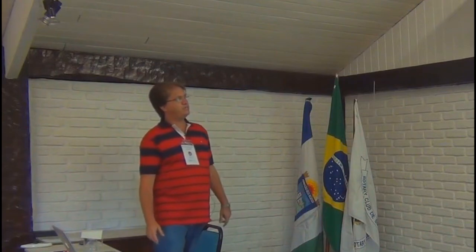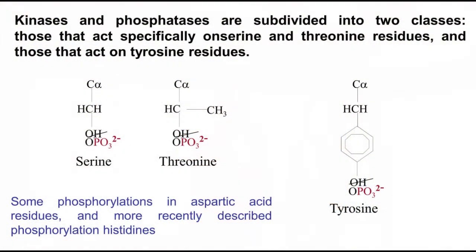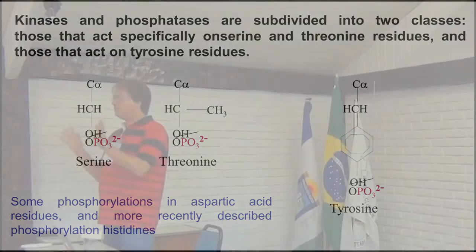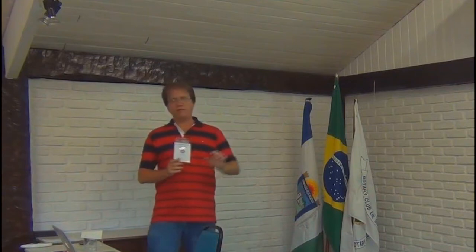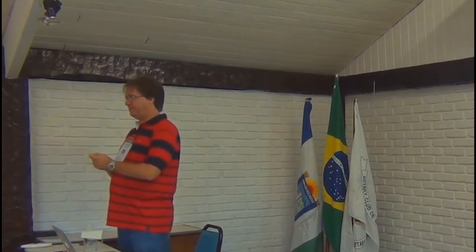That is the tyrosine. So we have groups of kinases that are serine threonine kinases, and we have tyrosine kinases. But it's somehow strange, because if a kinase is a serine threonine kinase, can it phosphorylate a serine or a threonine in all the proteins? No, there is a very huge control on it, okay? The first control is when the cell decides to differentiate.